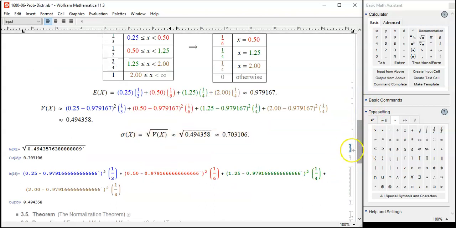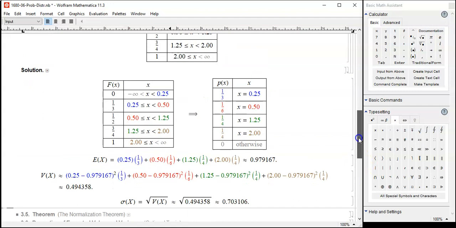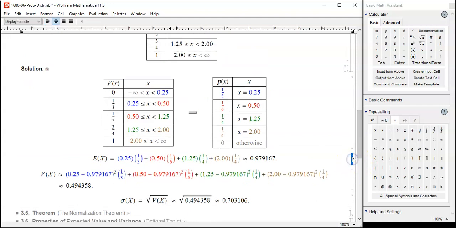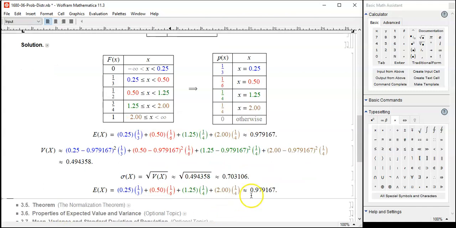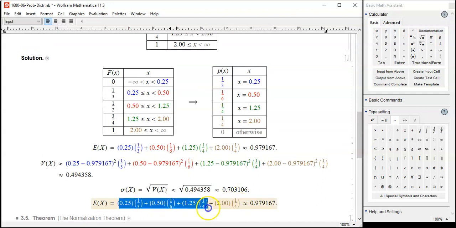Oh, by the way, let me make just a little bit of comment here. Before making this recording, I did some computation myself, and then I made a computation mistake.